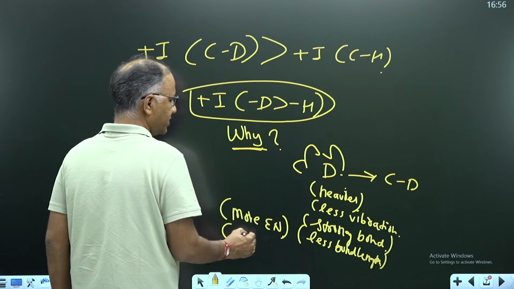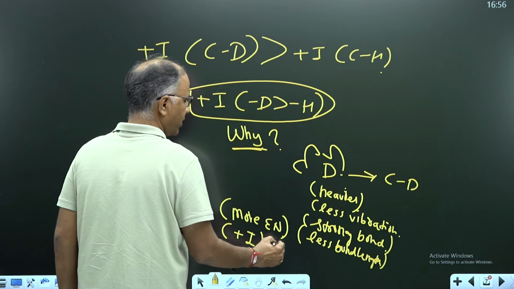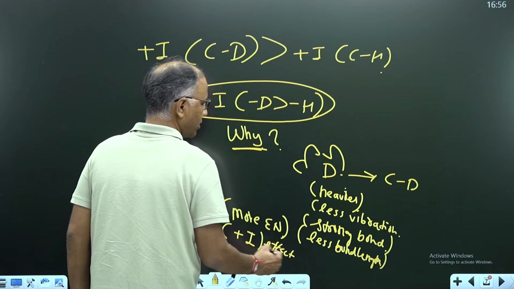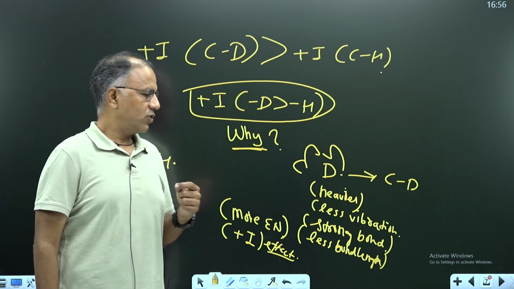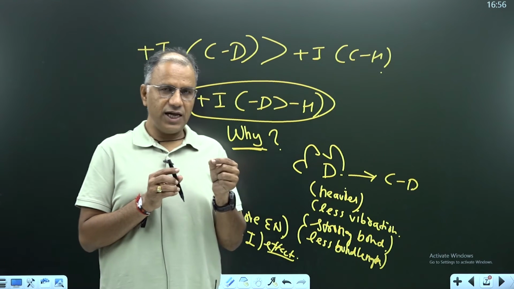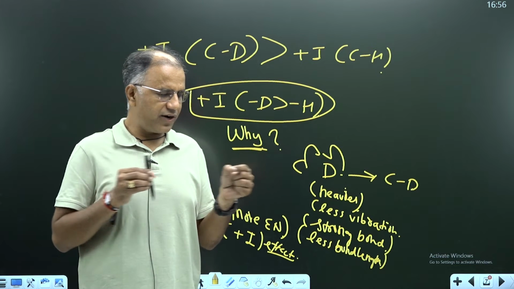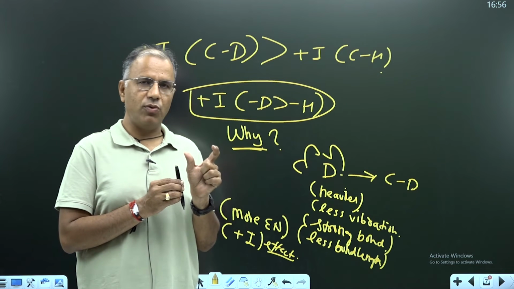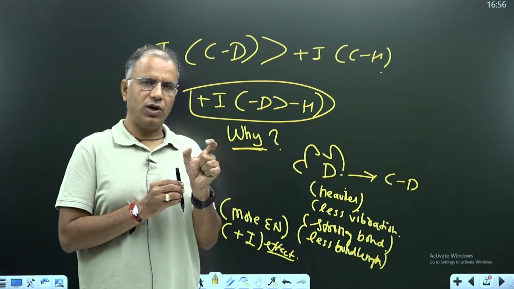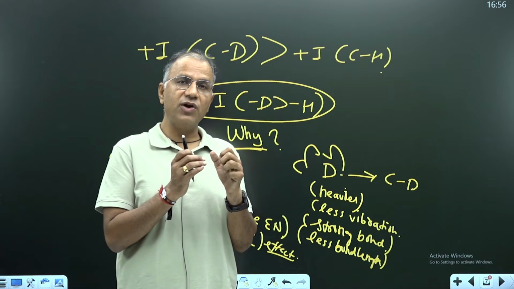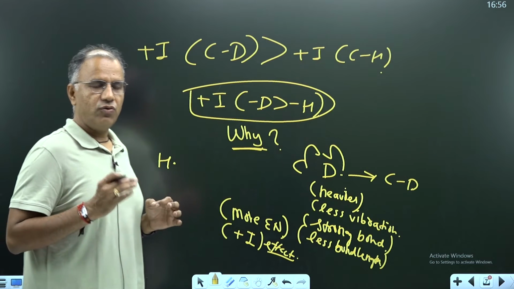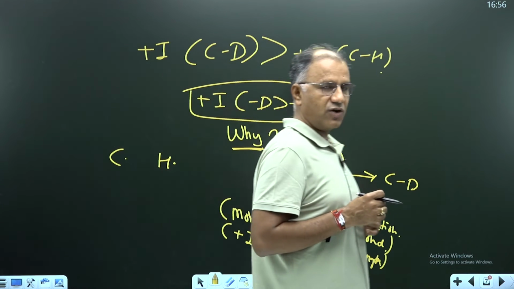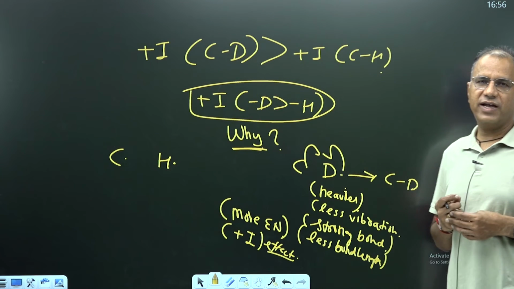More electron density means more electron rich, means more plus I effect. Got it? So in CD, D is heavier, which means less vibration and effective collision. Effective collision means strong bond. Strong bond means less bond length. Less bond length means more electron density. This means it has more plus I effect. So you have to remember that the plus I effect of D is greater than the plus I effect of H.